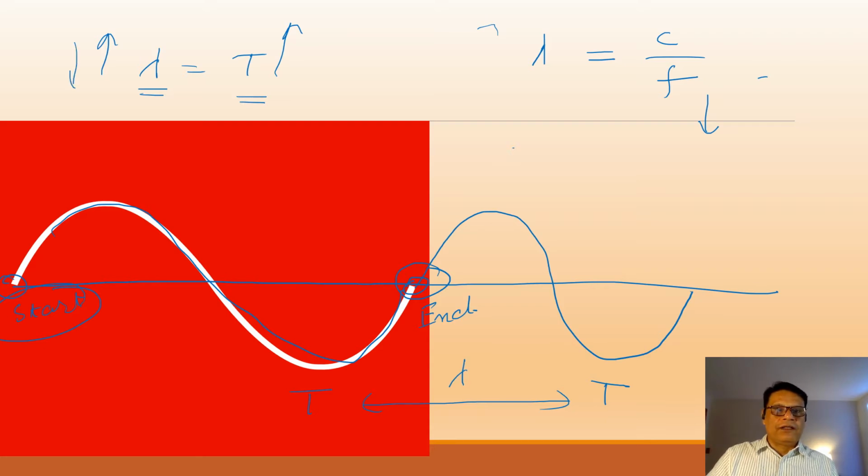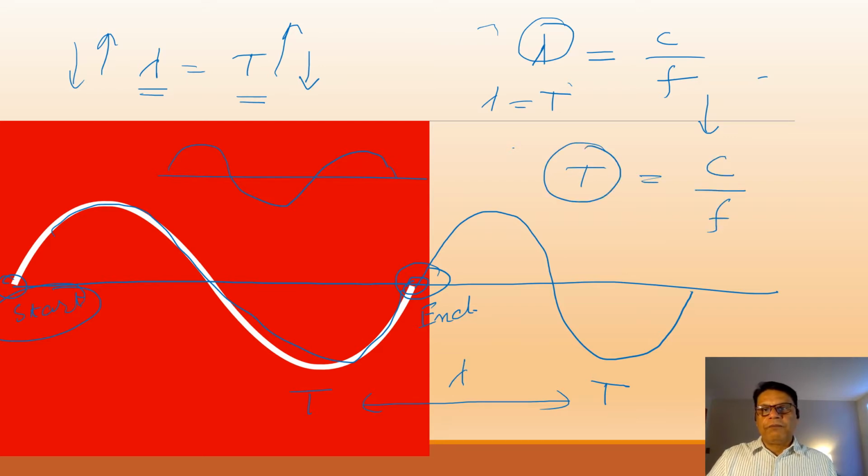If wavelength decreases, that means a small wave, and a small wave will take less time to be completed, so the time period is also decreased. And we know that wavelength and time period are equal, so you can replace wavelength with the time period.